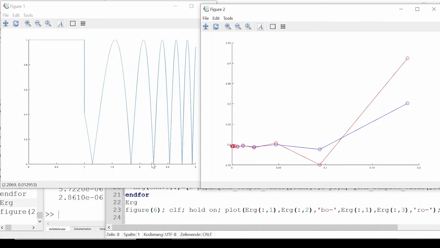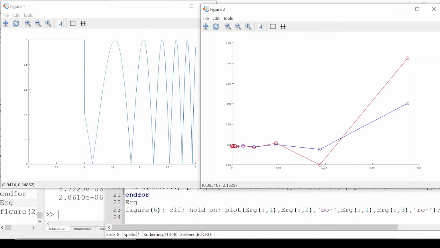Okay, what happens? These blue values are the trapezoidal values corresponding to the h, which is here 1 divided by 16. We started with 16 parts, and we see the blue value is better than the red one. So the trapezoidal rule is not very good, but it's better, or let's say the Simpson rule is even worse, having 16 parts.